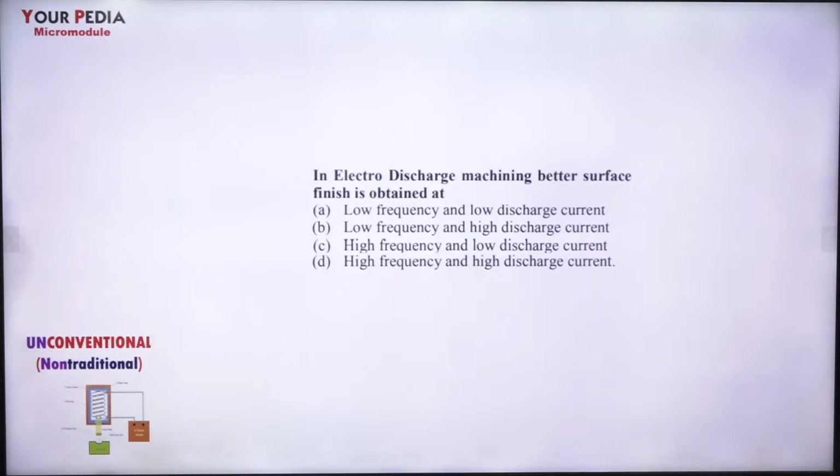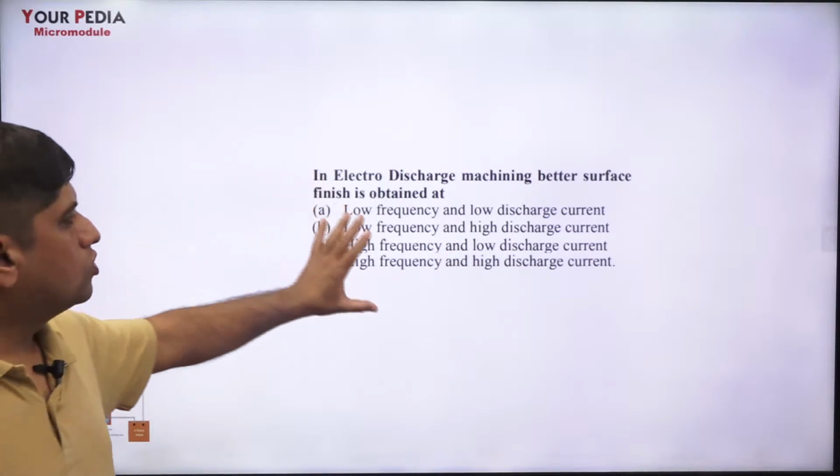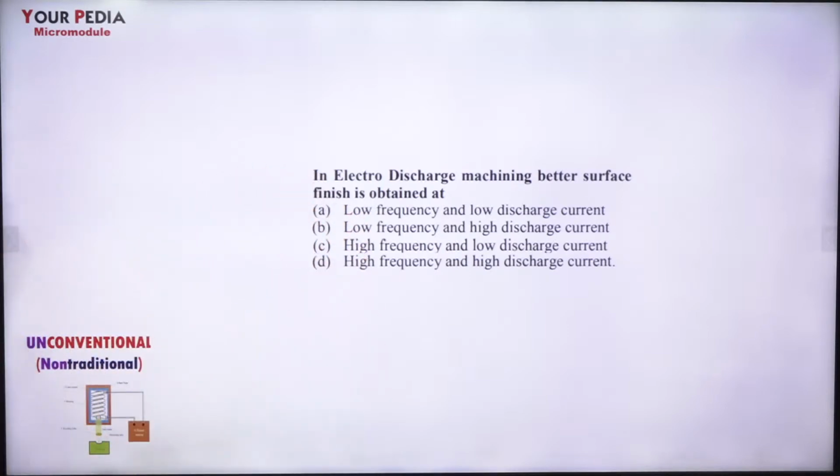In the EDM process, if you want to get good surface quality, how should you change the frequency of discharge and the current of discharge?